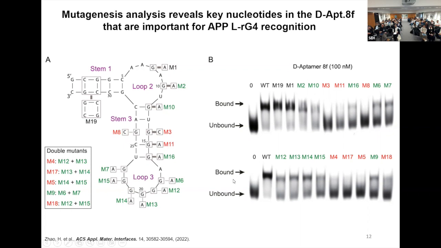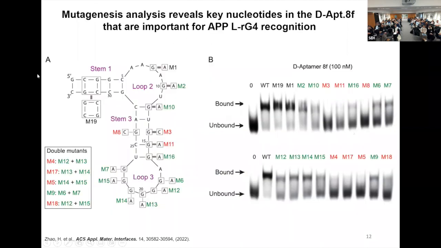So we do find some nucleotides that are important. Again, I don't have the 3D structure. I do want to have it to tell you more, hopefully next year. Based on this, we found the nucleotides that are important for the binding.